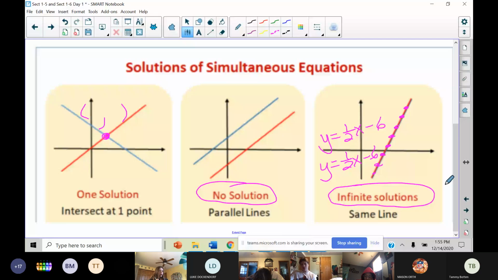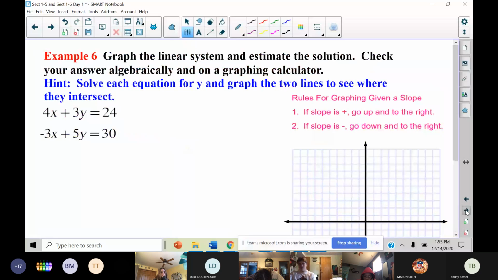Okay, so we're going to start this first one, and what happens in this one is we're given two lines. We have two equations with two variables, and for today we're learning how to solve this by graphing. To solve this by graphing, what you have to do is you have to take that equation and solve it for y to put it into slope-intercept form.